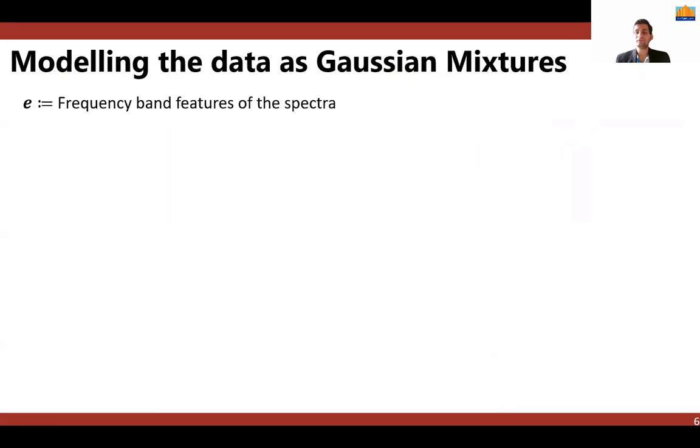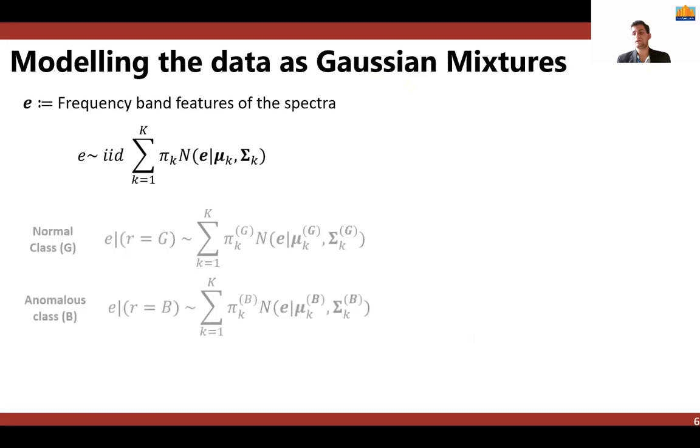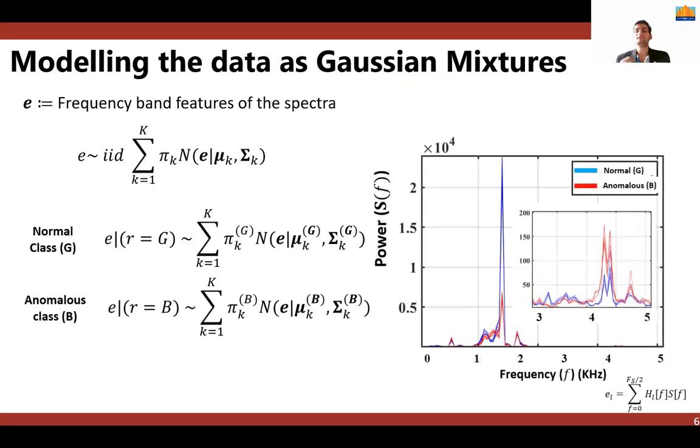Here, we assume that the resulting frequency bands are independent realizations of identically distributed mixture Gaussian random variables with K mixtures. For our problem, we have two classes, the normal class denoted as class G and the anomalous class denoted by class B, following the distributions as shown. To explain this using the spectra on the right side of the screen, here several realizations from each class are plotted.